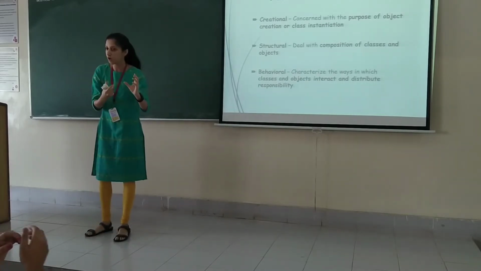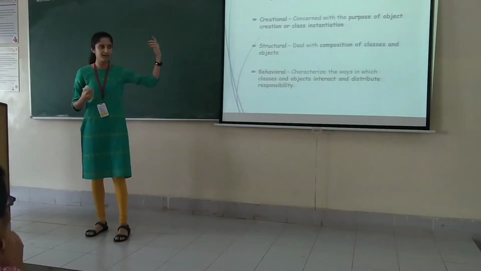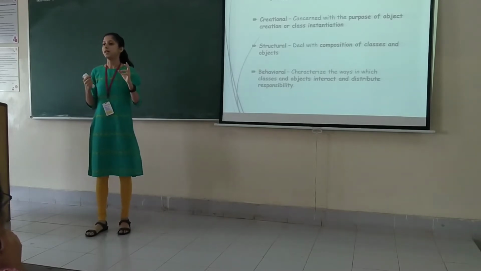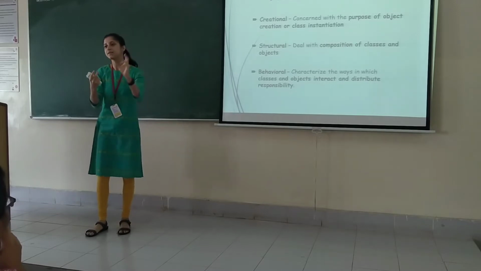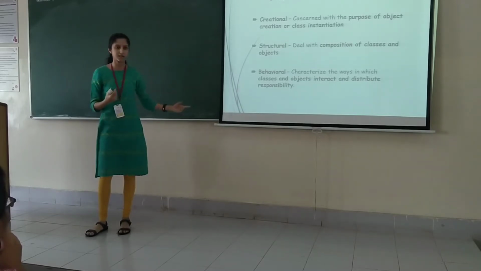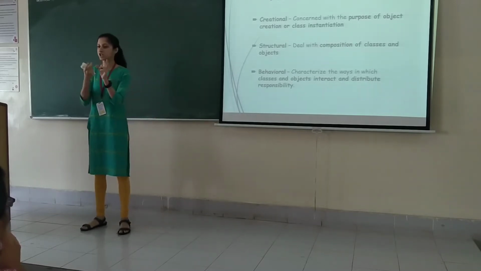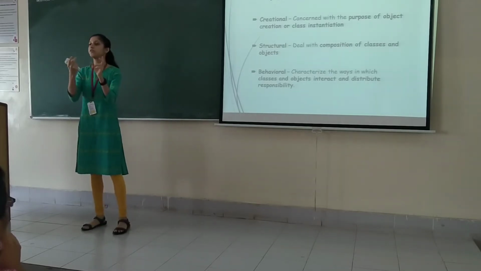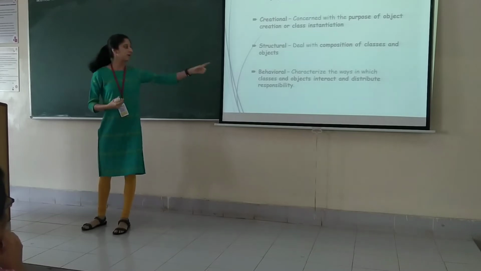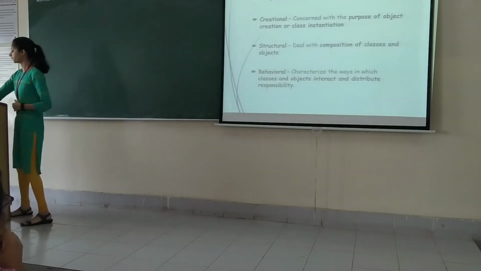So the creation of the object is dealt with in the creational part, the composition of objects and classes is dealt with in the structural part, and the relationship or interaction between objects and classes is dealt with in the behavioral part.